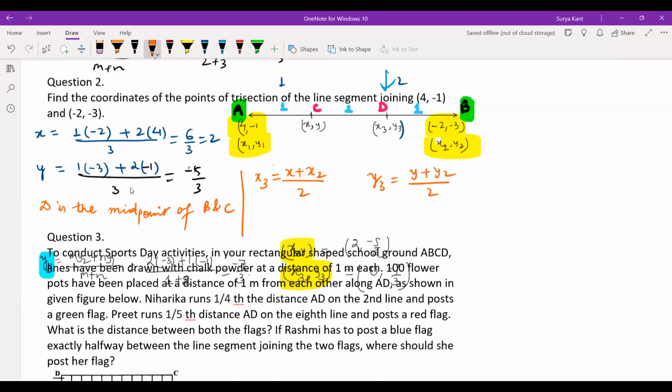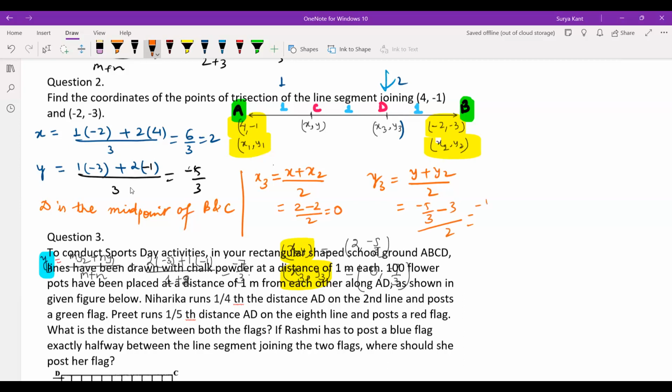You understood what I'm doing here, I'm applying the midpoint formula. x is 2 and x2 is minus 2, by 2, it's 0, right? And y is minus 5 by 3 and minus 3 divided by 2.